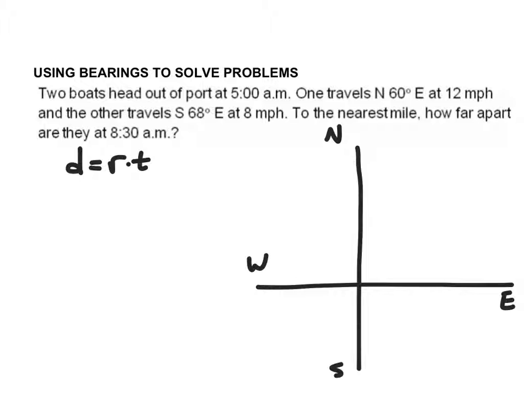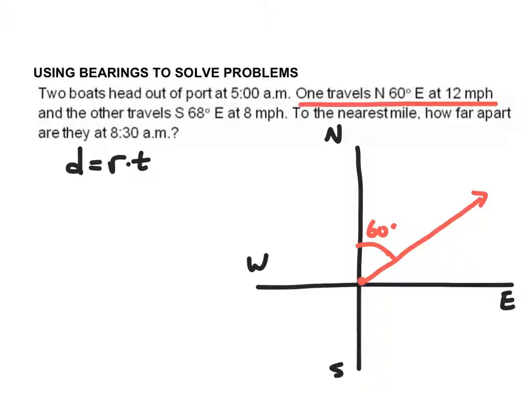What we have is one travels north 60 degrees east at 12 miles per hour. I'm going to change up my colors. I'm going to draw this picture where we travel in this direction, knowing that this angle measure here is 60 degrees.